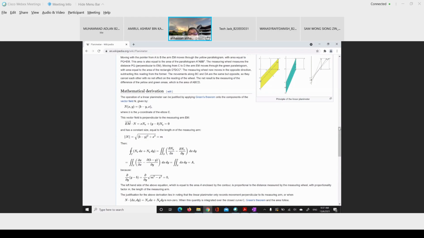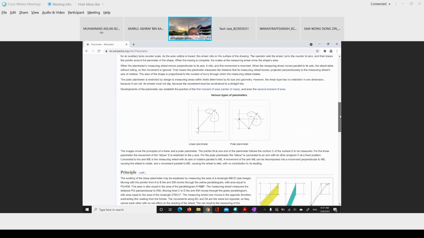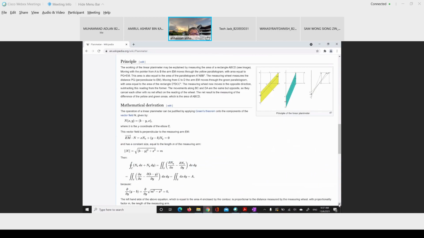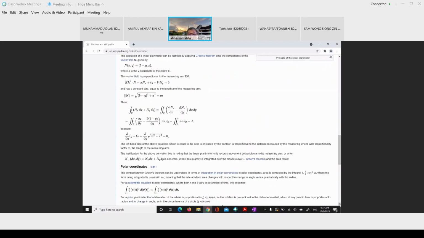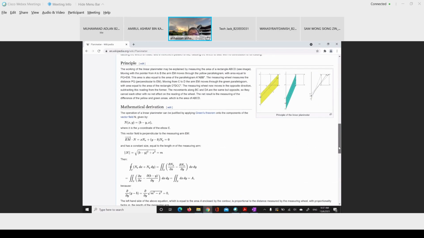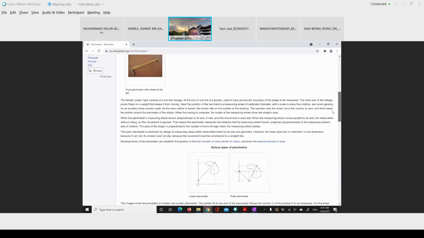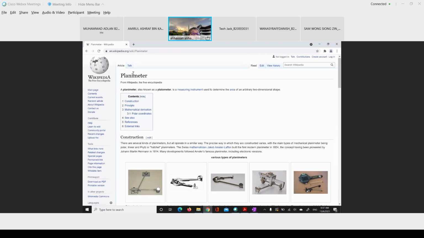They have a device that traces the boundary of the curve, and then it tells you the area of the region bounded by this closed curve. The principle behind it is Green's theorem. I leave it to you to Google this and read it on your own. So the device is called a planimeter.